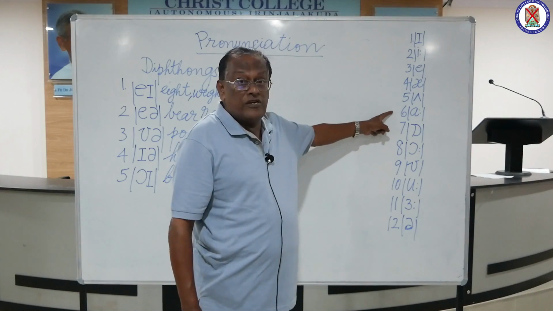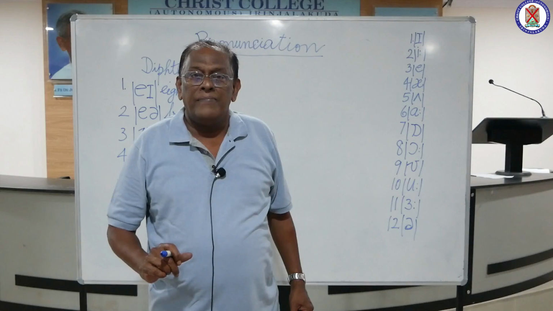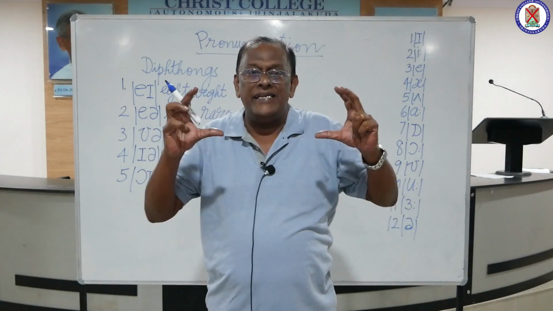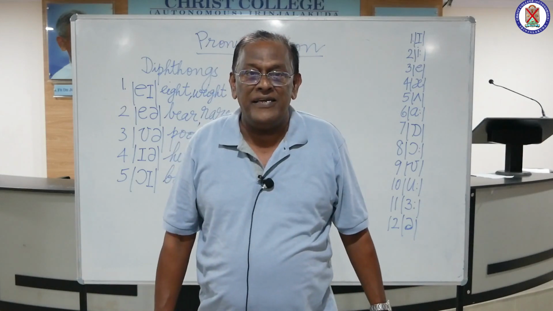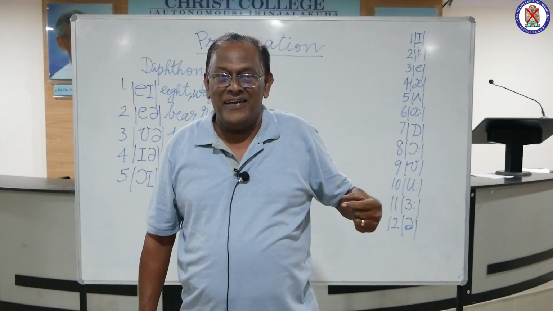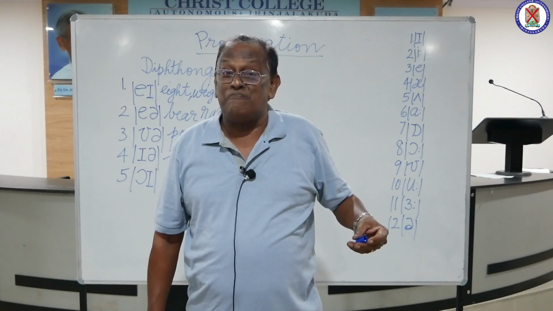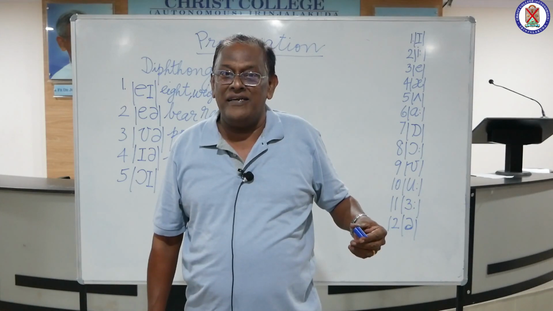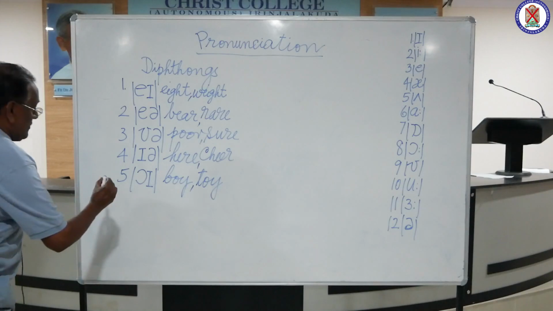The next one is a combination of a shorter version of number 6. What would be a shorter version of number 6? A plus E. What happens when A and E combine together? You get the sound I, as in E-Y-E, eye, S-K-Y, sky, S-P-Y, spy. And that symbol is written in a particular way.